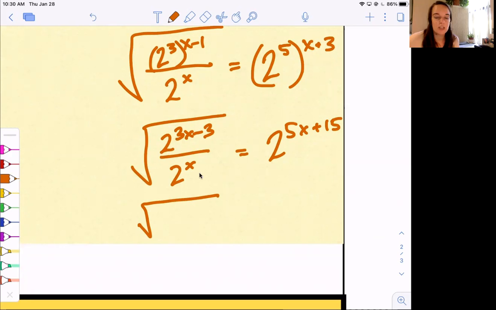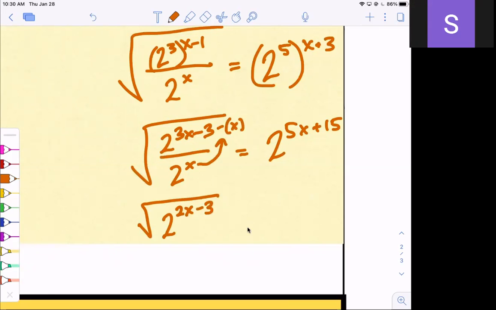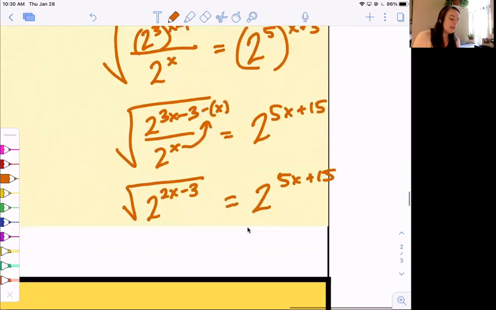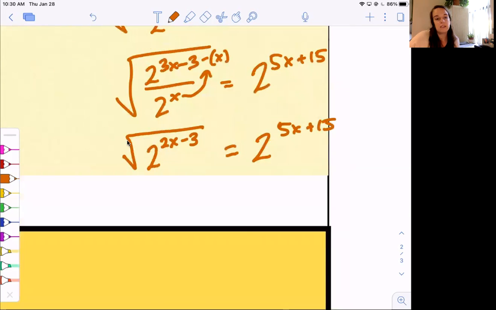Yeah, so that's what I would do next. I'm going to combine the fraction. Remember, when it's division, you're subtracting the exponent: 2 to the 2x minus 3. And then we have 2 to the 5x plus 15. So there you have a couple options now, Sarai. One is you could say this square root sign is like a 1/2 power, so you could make it 1/2 and distribute it in here.